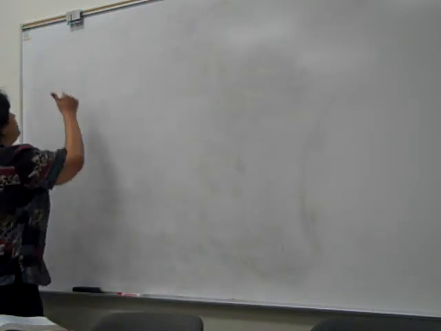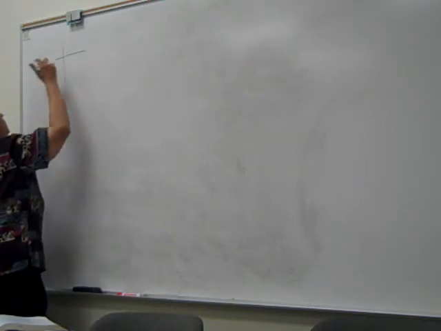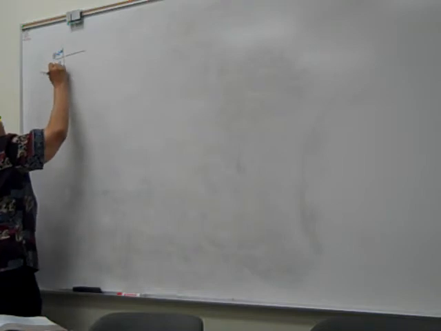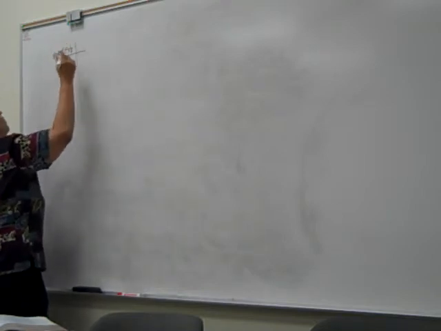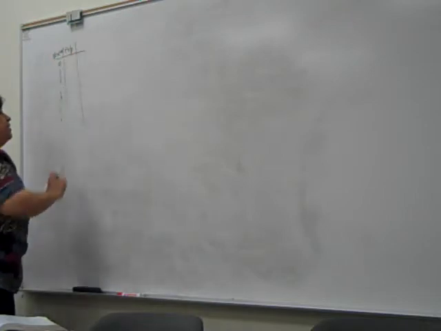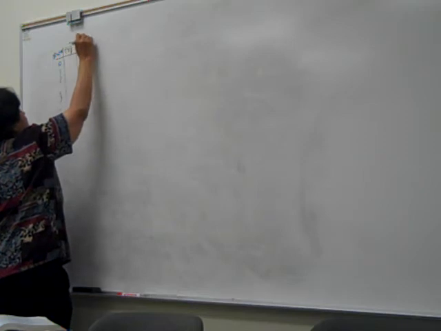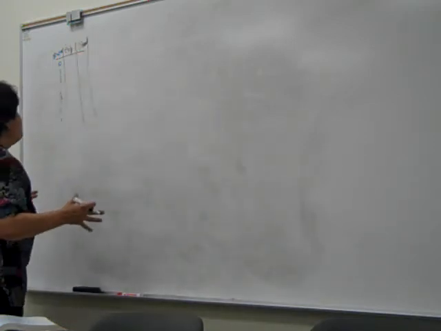So we have different categories. This is the number of customers: 0, 1, 2, 3, 4, and 5. And this is the expected. We need to have at least 5 in the expected. We have the observed, the values that actually happen.